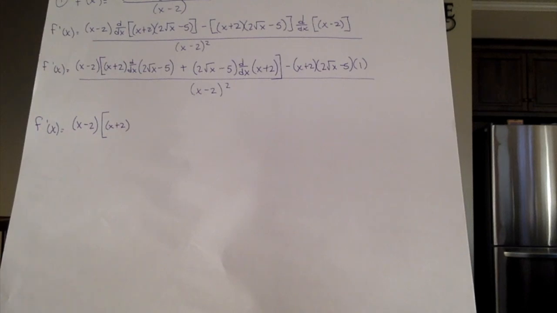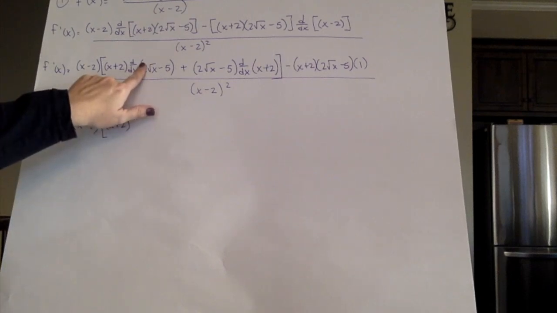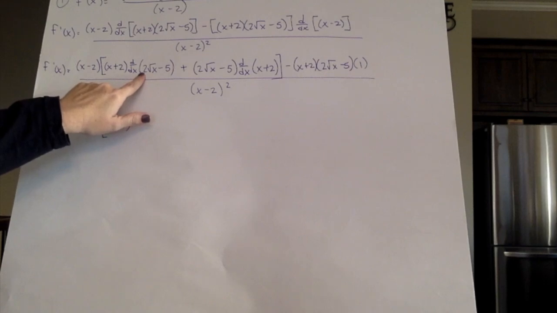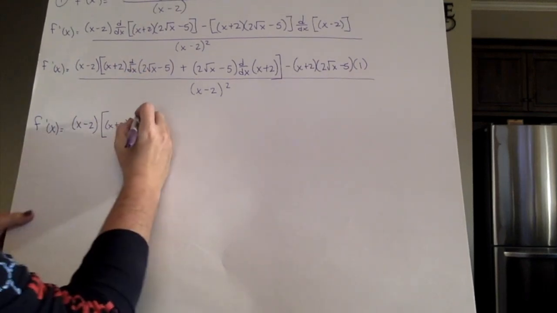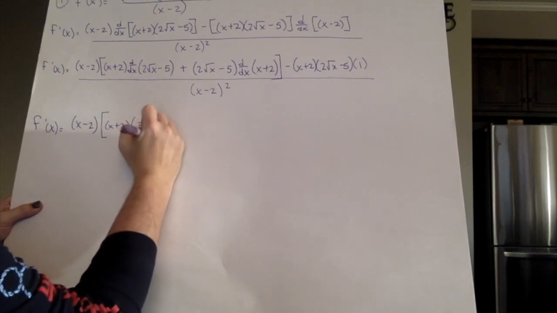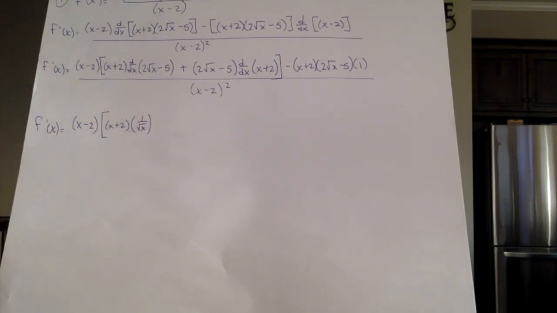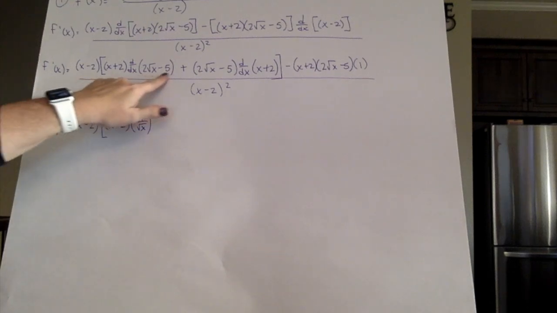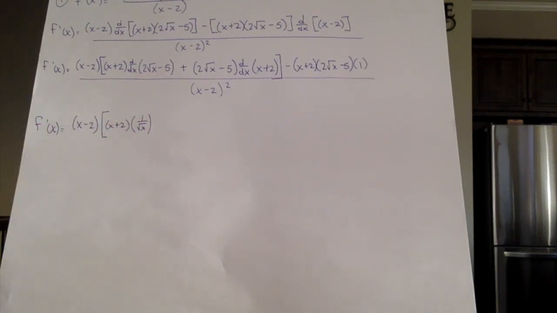Now, I need the derivative of 2 square roots of x. The derivative of just the square root of x is 1 over 2 square roots of x. So this would be 2 over 2 square roots of x, or 1 over the square root of x. And then the derivative of 5 is 0. So this whole derivative is just 1 over the square root of x.